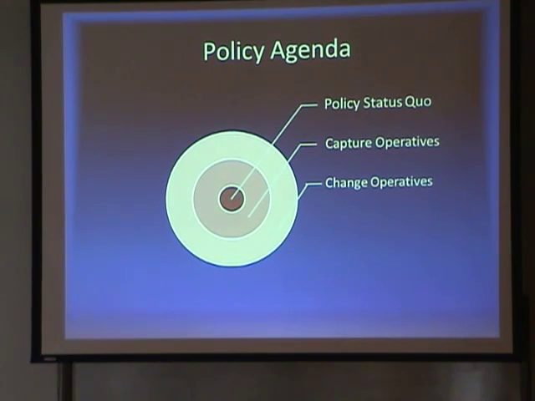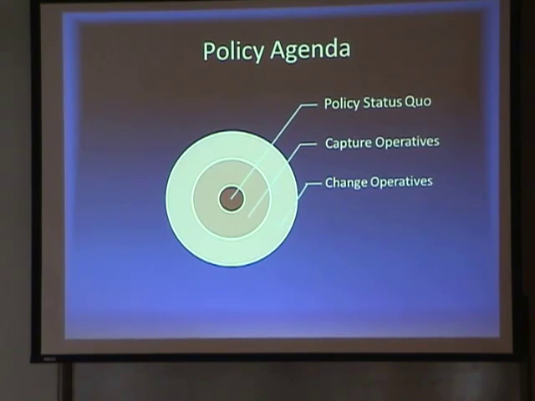And what happens is that each policy arena is captured by a set of interests. Very often, it's the interest that the policy itself creates. So if I create a particular set of policies on energy use, I'm also creating a set of interests that want to keep that policy in place. So there's a lot of inertia to stay where you are once a policy is in place.